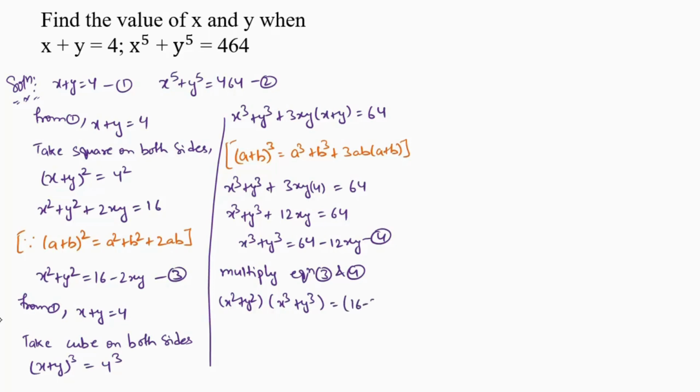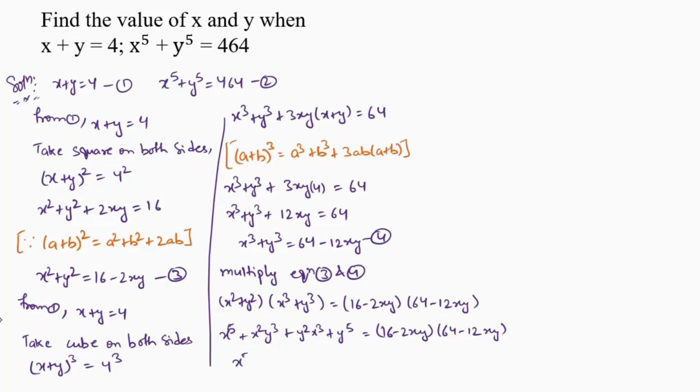We get x square plus y square bracket x cube plus y cube is equal to bracket 16 minus 2xy bracket 64 minus 12xy. On solving left hand side, we get x raised to power 5 plus x square y cube plus y square x cube plus y raised to power 5 is equal to 16 minus 2xy bracket 64 minus 12xy.